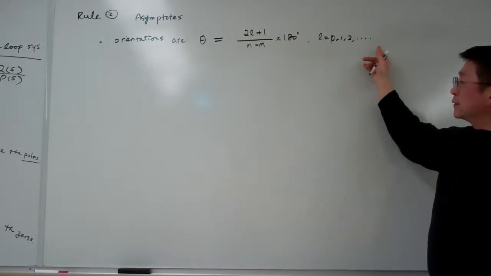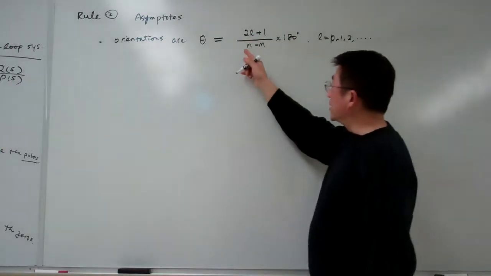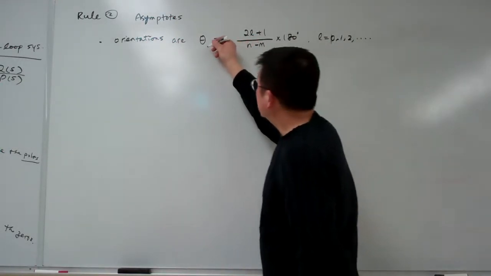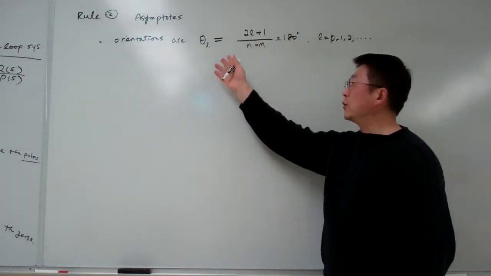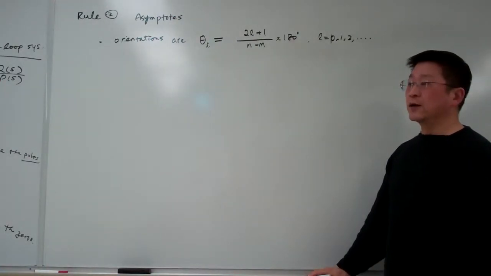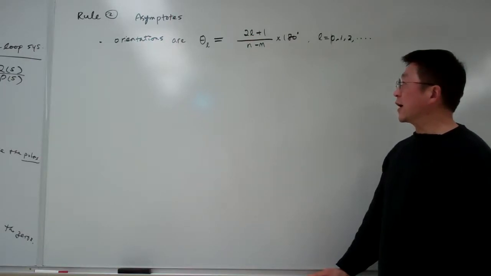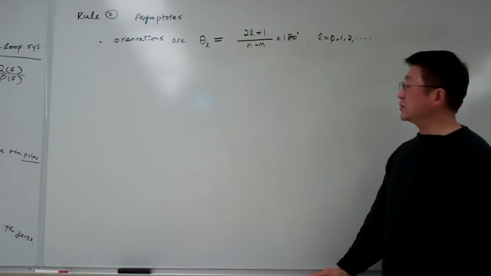Because L is a parameter, here we simply put it here, indicating there are a couple of orientations, a number of asymptotes, depending on the poles of the system.